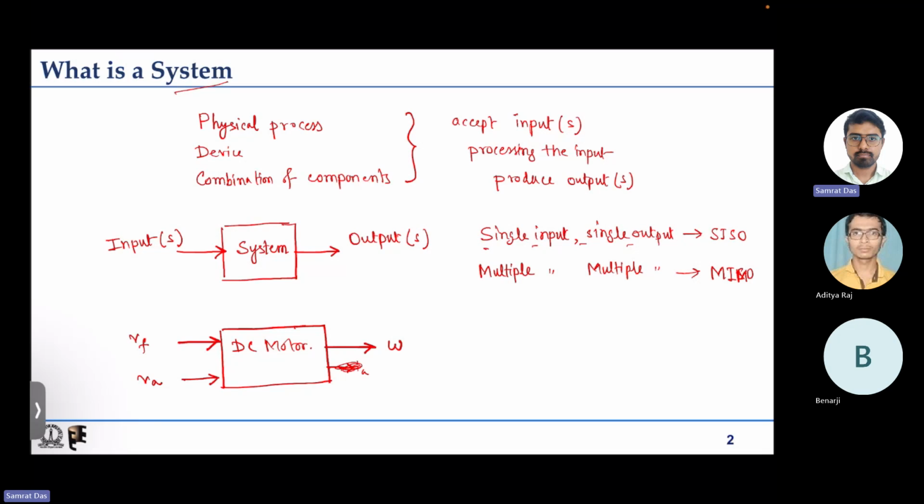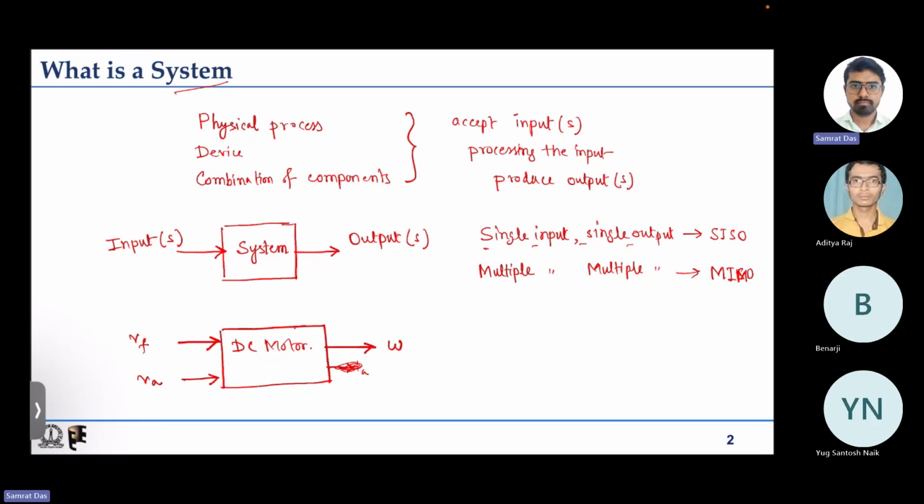That operation is normally known as field weakening control of a DC motor. Unless we are going to operate our DC motor in that zone, mostly in the other zones we will keep the field voltage constant. So during operation we will not be changing one of the inputs, that is the field voltage, regularly.